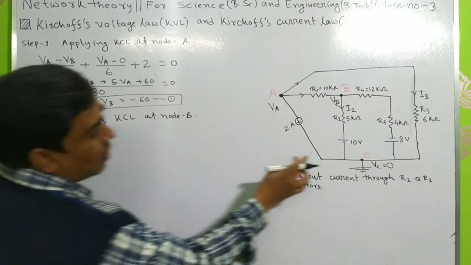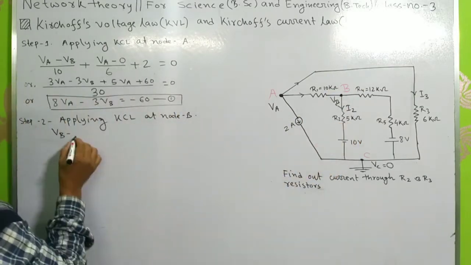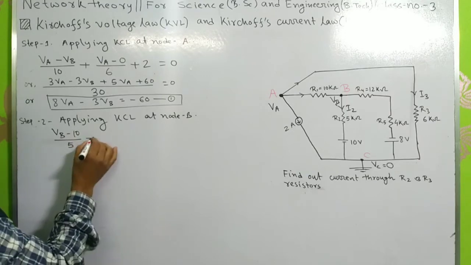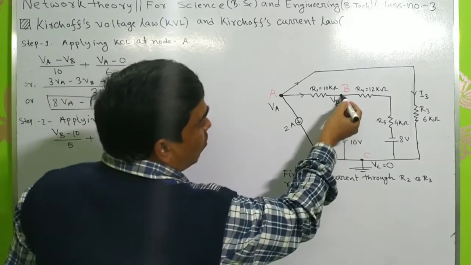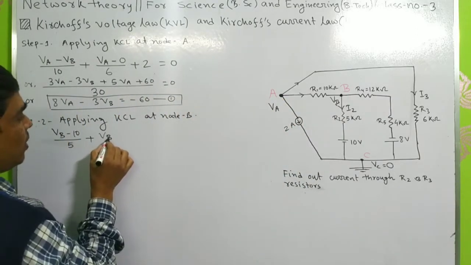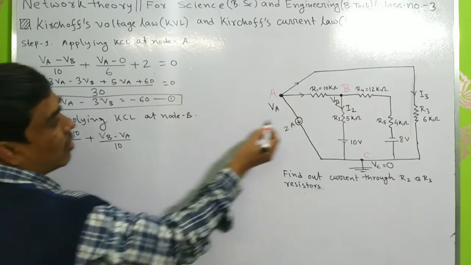So the current along this direction will be VB minus 10 divided by 5, plus the current through this branch, VB minus VA divided by 10.